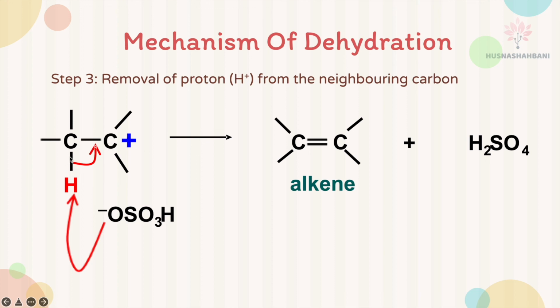These 2 electrons are transferred between these 2 carbons, making the alkene product and H2SO4. So this is the final step of the mechanism of dehydration of alcohol.